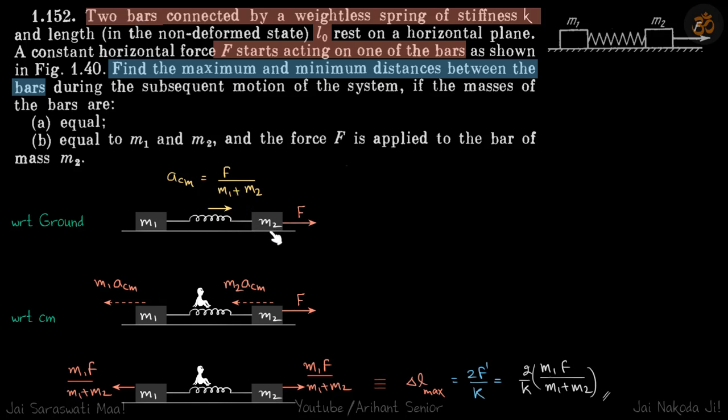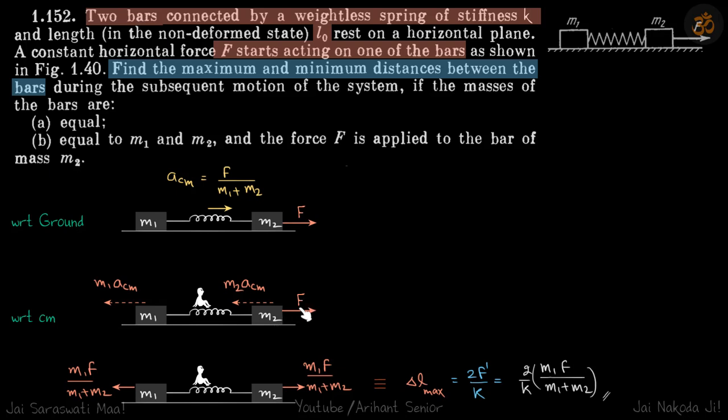Now, what is the force on M2 with respect to the center of mass? So F is still there towards right, and then there will be a pseudo force M2 into ACM towards left. On the first mass also there will be a pseudo force M1 into ACM, and that is also towards left.